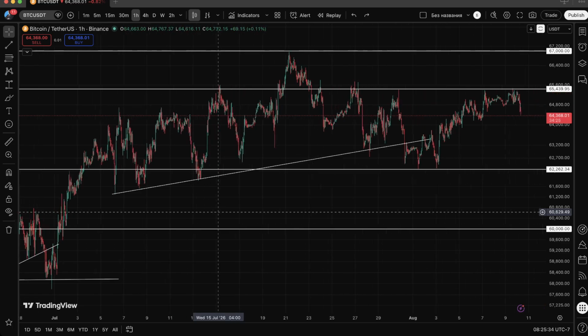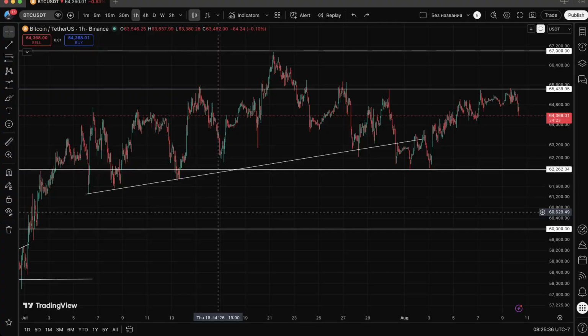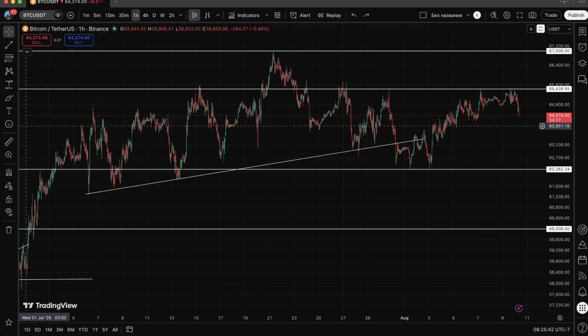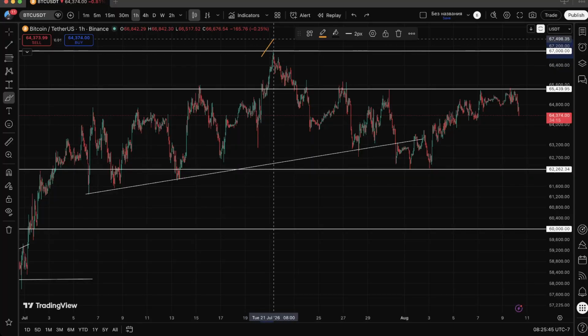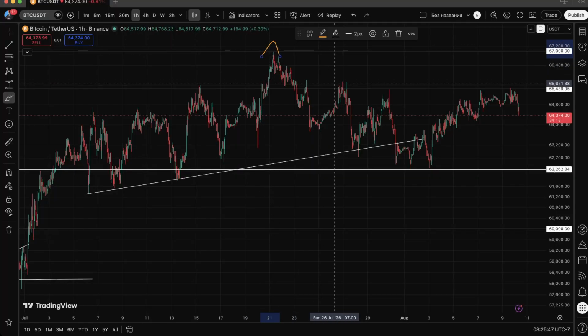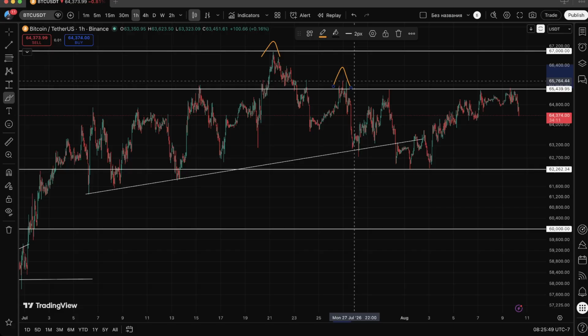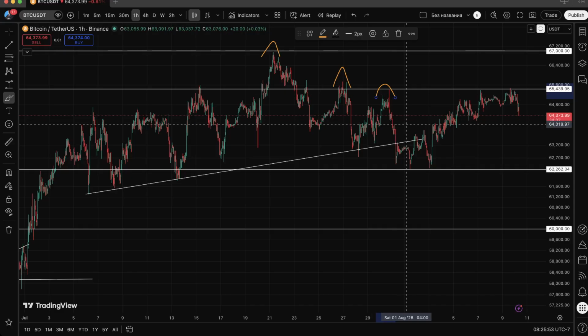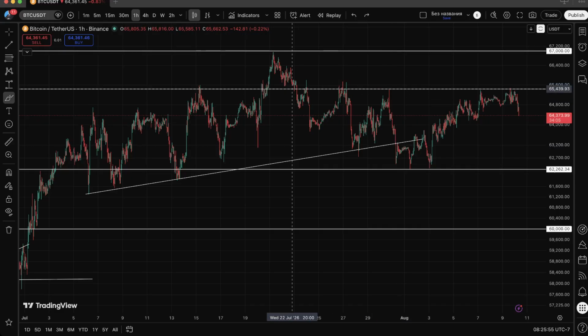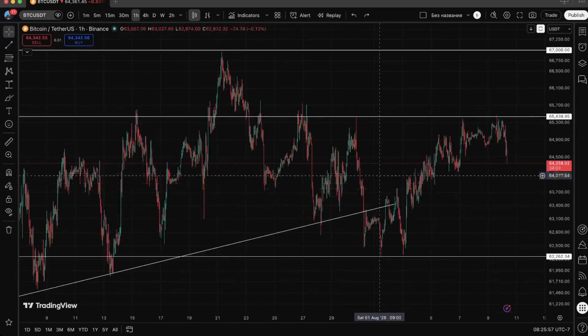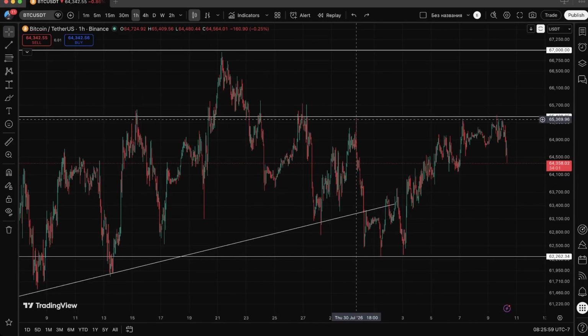But what is the definition of a downward trend? A downward trend is when maximums and minimums are decreasing. Bitcoin put a high right here at $67,000. After that, Bitcoin put a high at approximately $66,000, and the previous maximum was approximately 65,450. Bitcoin is still trading in a downward trend as long as this maximum is still the maximum and price has not been above it.